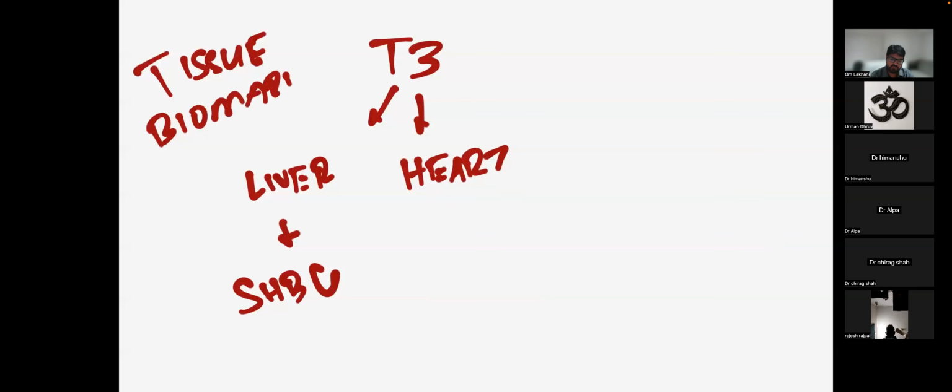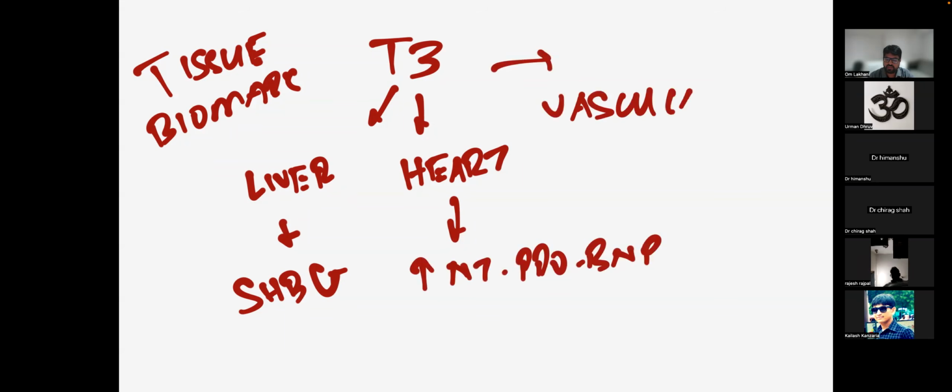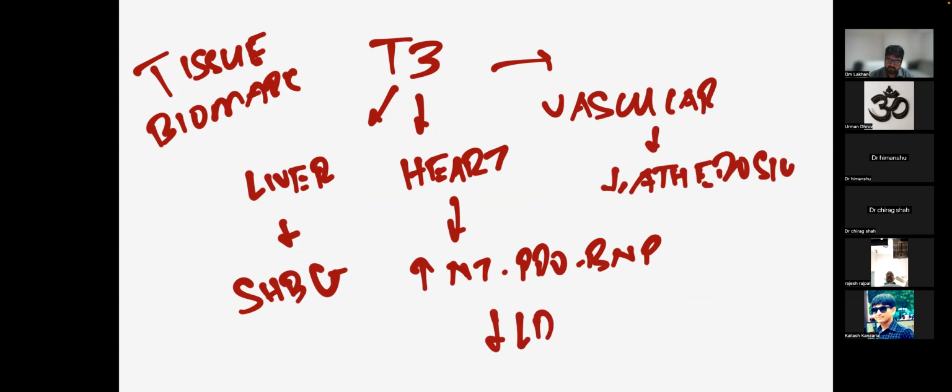When T3 acts on the heart, it increases the production of NT-proBNP. When it acts on the vascular tissue, it reduces atherosclerosis. It reduces the atherosclerotic deposits, and in fact, it reduces LDL level.